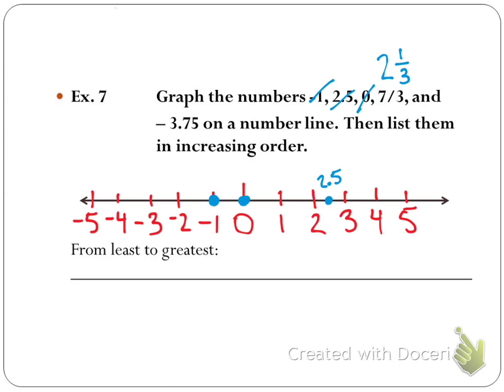So now that I have it as a mixed number, I should be able to know where that point belongs on my number line. Jamarl, I always feel like I say your name wrong, by the way. Where is the point going to go for 2 and 1/3?